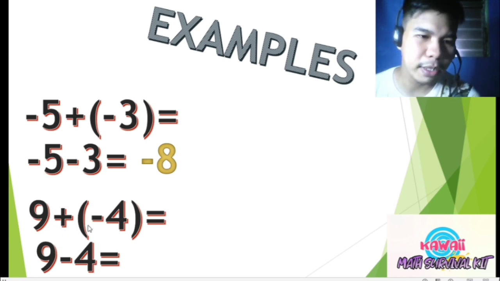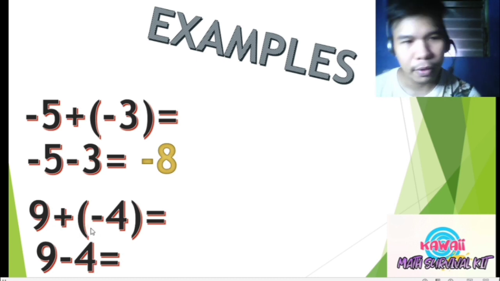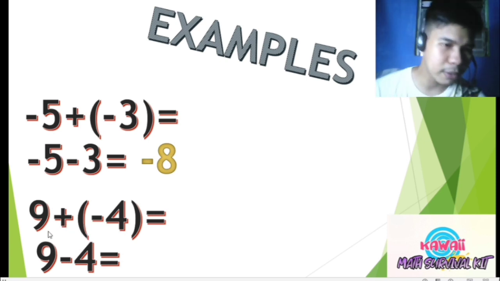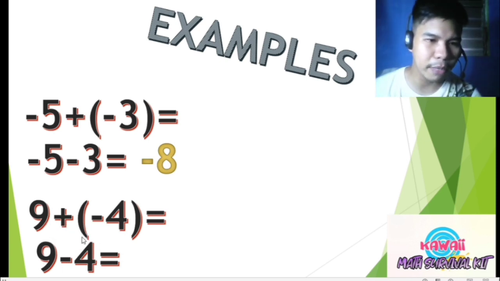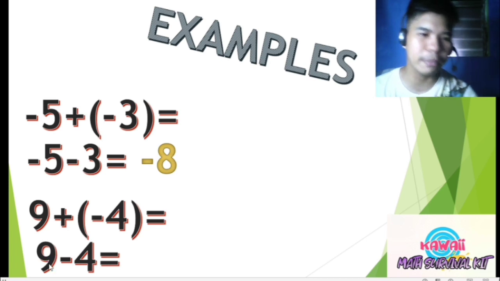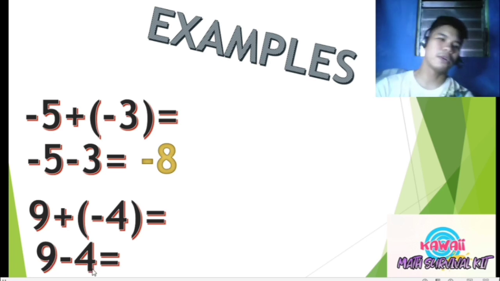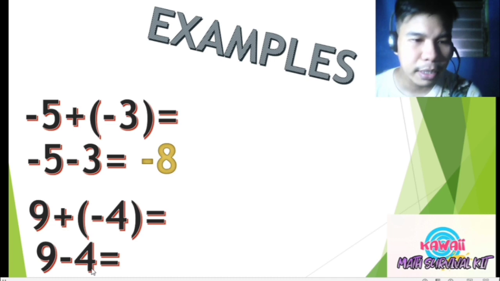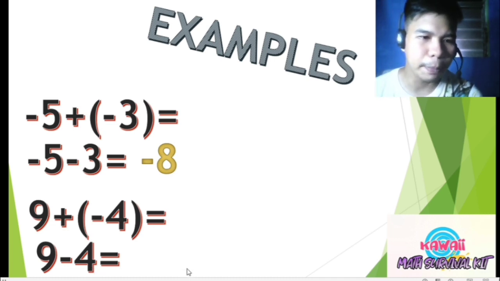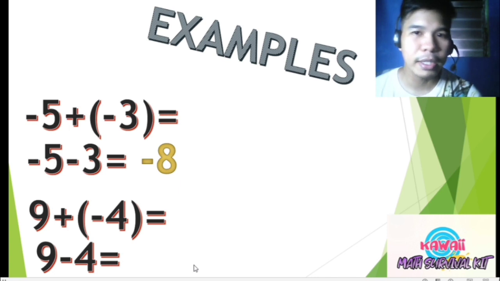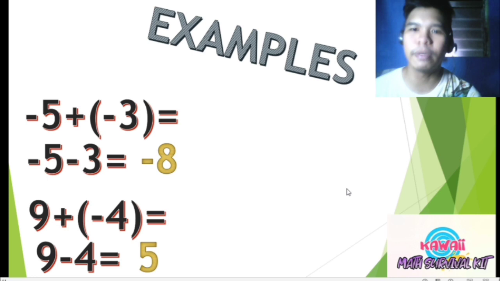Again, that will only happen if we have consecutive unlike signs here. So we copy now 9 and then this will become now minus 4. So this is positive 9 minus 4. So we subtract: 9 minus 4 is 5. And then you copy the sign of the larger number, which is 9. So that is positive 5.